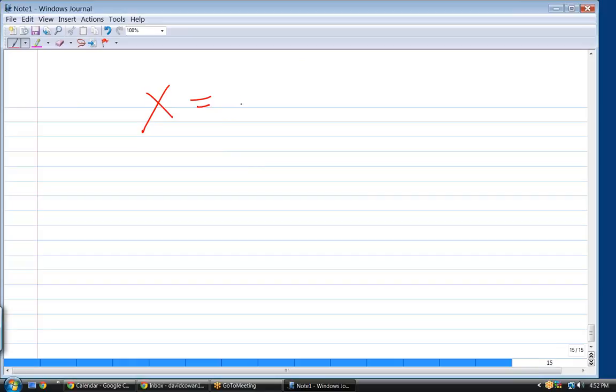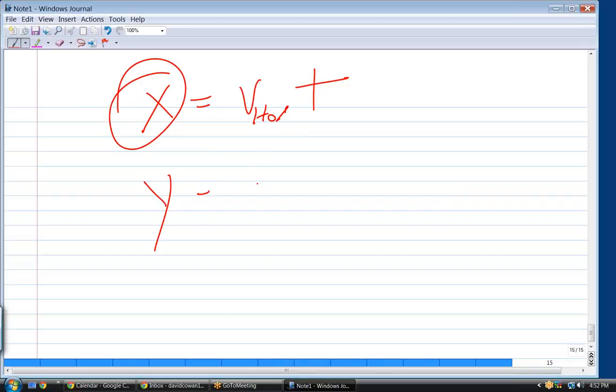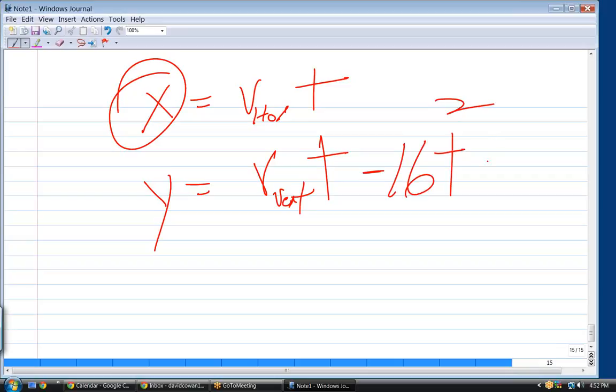However, notice that the horizontal speed times time is the only thing that affects the x component. The y component is the vertical speed times time, minus the effect of gravity, plus the starting height.